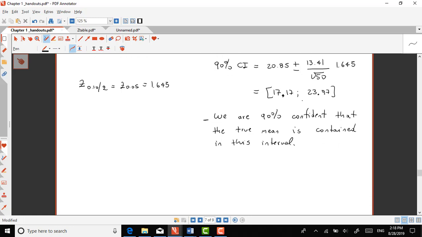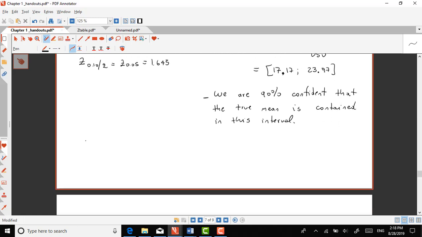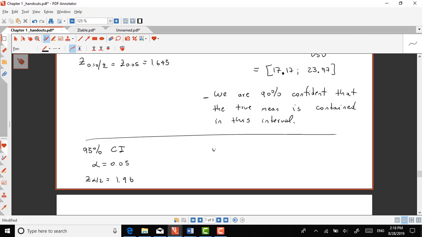So I have 2 minutes, and I'm going to do this very fast, and you can practice at home. If we were to calculate a 95% confidence interval, remember, we already did these things. Z alpha over 2 was 1.96.